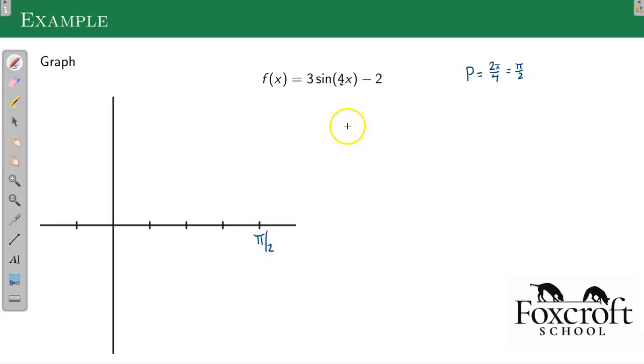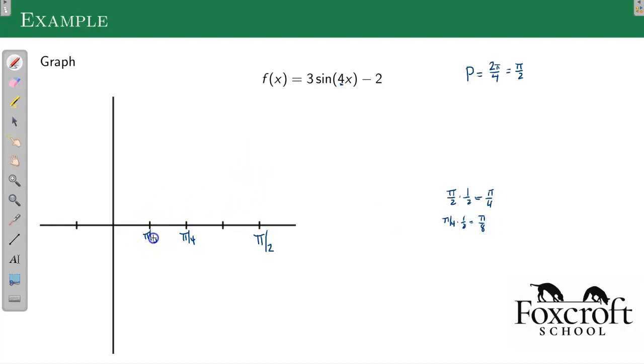And we learned 2 different ways to figure out the values in the middle. The way I like to do it is if I cut this in half, so pi over 2 times a half is pi over 4. Halfway back to the 0 is pi over 4. Then I can cut halfway again to get pi over 8. So that's that tick mark.